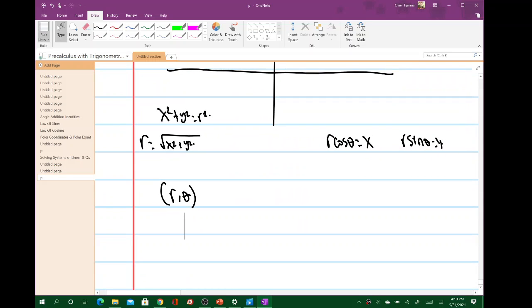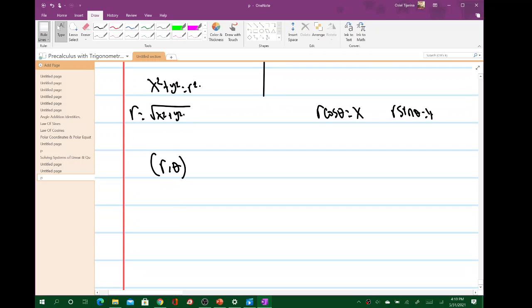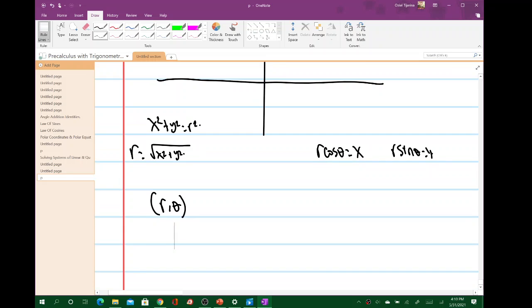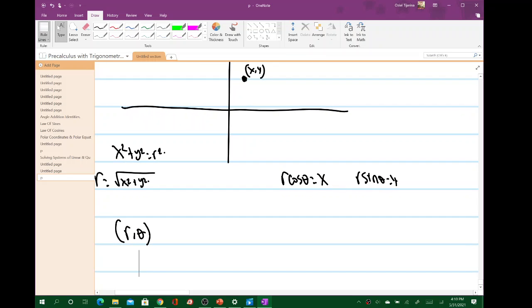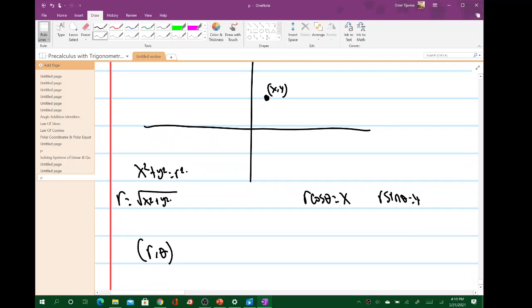I'm not sure exactly where they got this from, but I know these two formulas, r cosine theta equals x and r sine theta equals y, are given by the unit circle, and also the x squared plus y squared equals r squared formula, or the equation of a circle, basically.